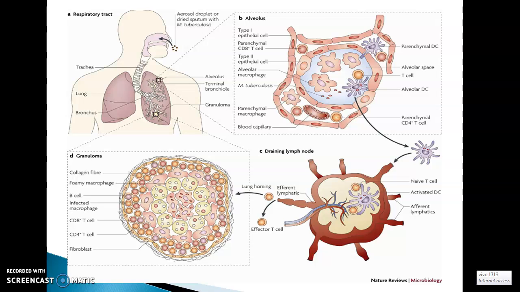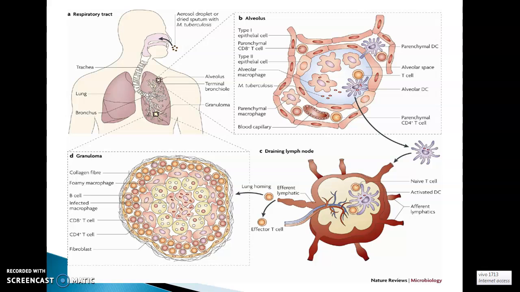This walled-off lesion is called a granuloma in tuberculosis. The primary function of this granuloma is to limit the infection, to protect other parts of the body, or to kill the Mycobacterium tuberculosis inside it.